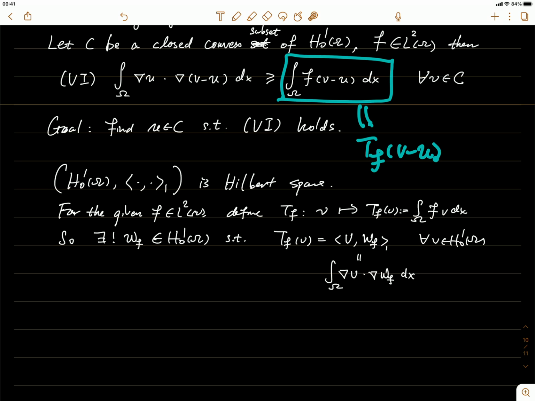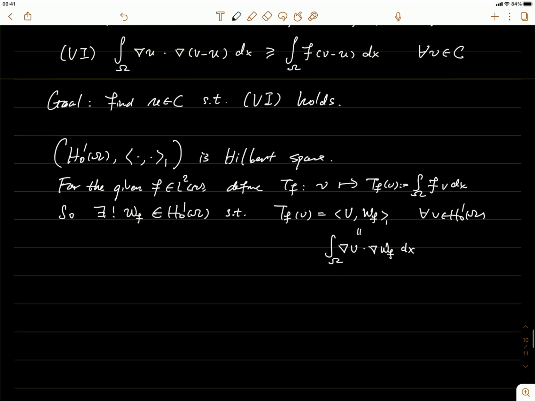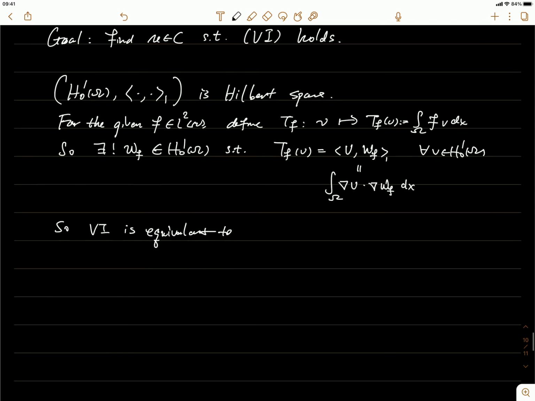And according to what we have for the Tf of any function, this should be equal to the inner product of v minus u and wf. Okay, so the variational inequality is equivalent to this.